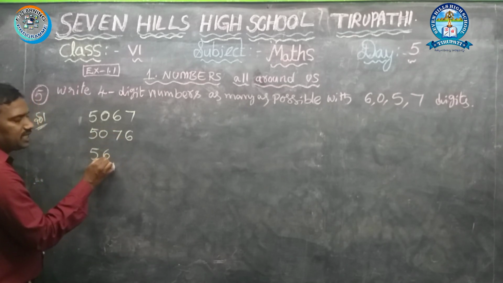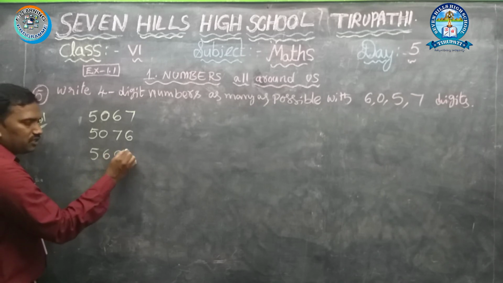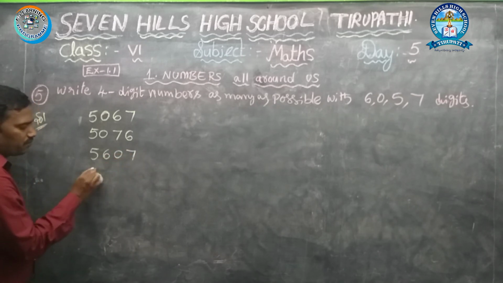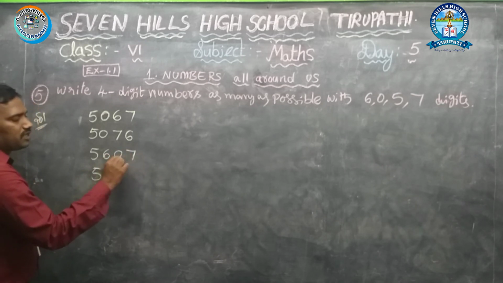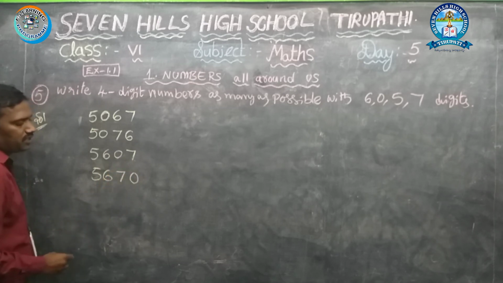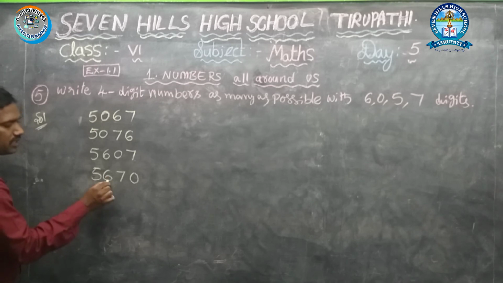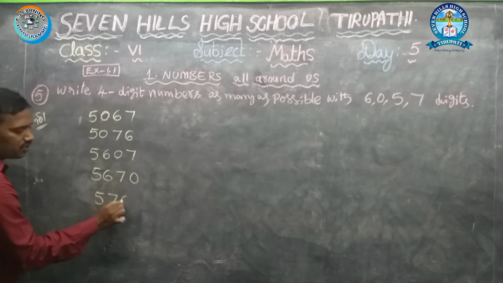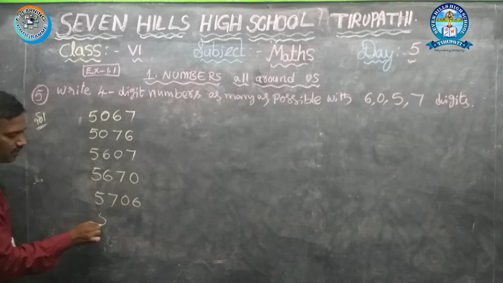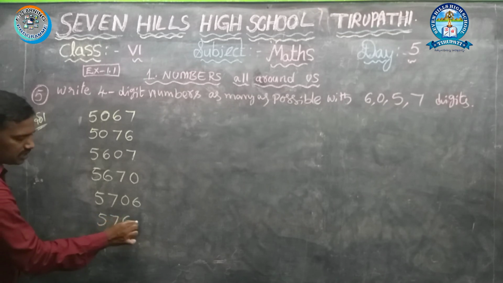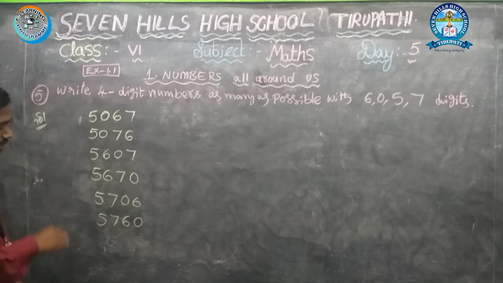So 5carry 6, after 0, 7: 5607, and replace that one: 5670.